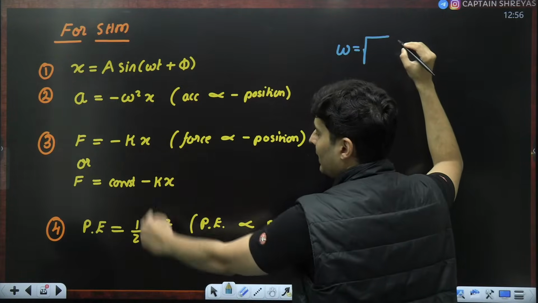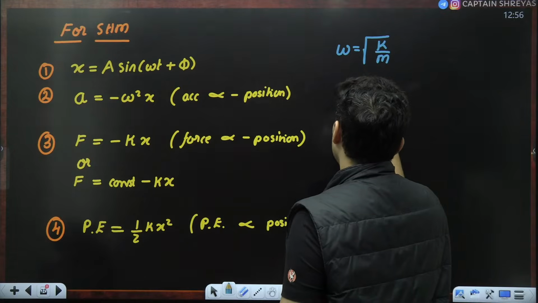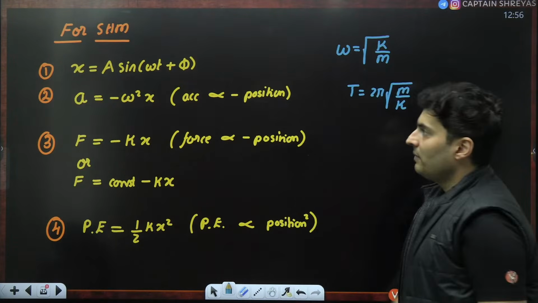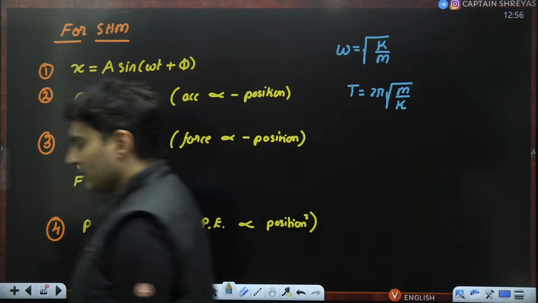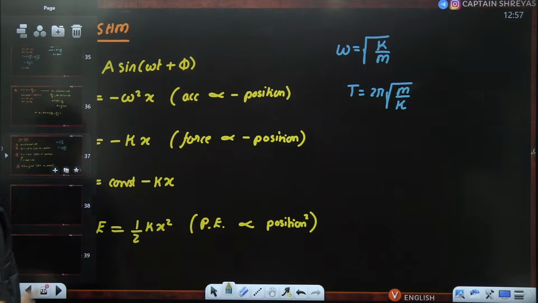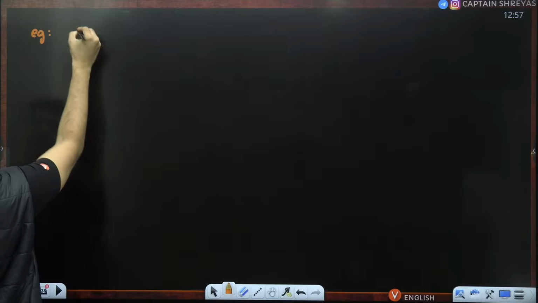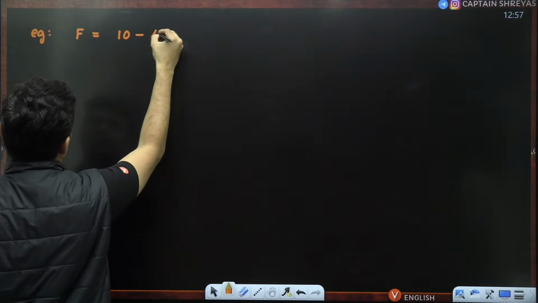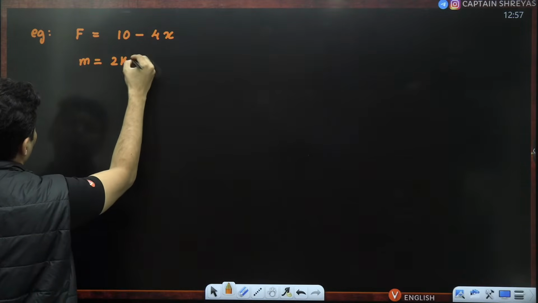root of whatever k comes over here, or the time period is basically 2 pi under root of mass by k. Every single time for any kind of SHM. Every single time. Which means, just to give you an example, say I tell you, listen, the force acting on a particle is 10 minus 4x and the mass of the particle is basically 2 kg.